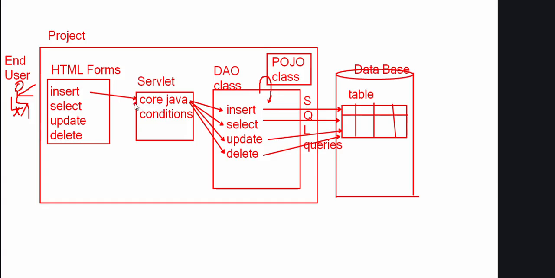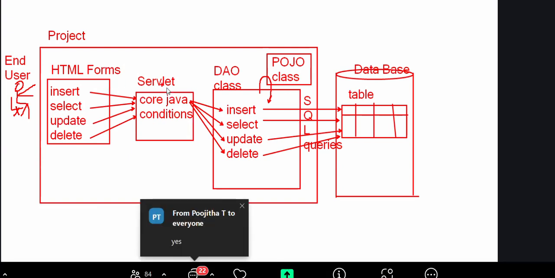All these form requests are coming to where? The servlet, to the core Java conditions. Am I right? Based on these requests, the servlet calls the background databases. This is what you have learned up to now. Overview picture. This is a final overview picture.